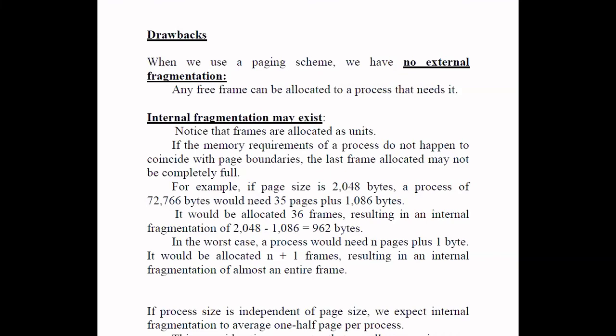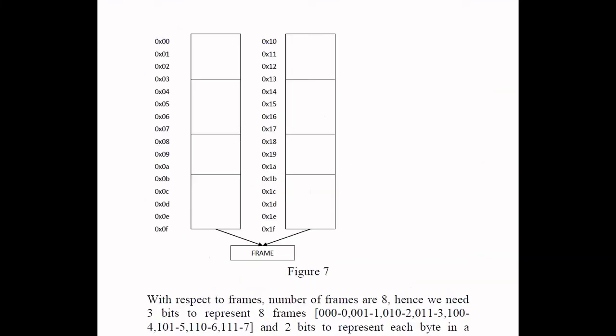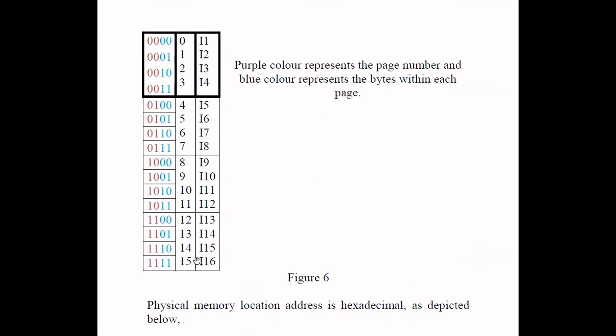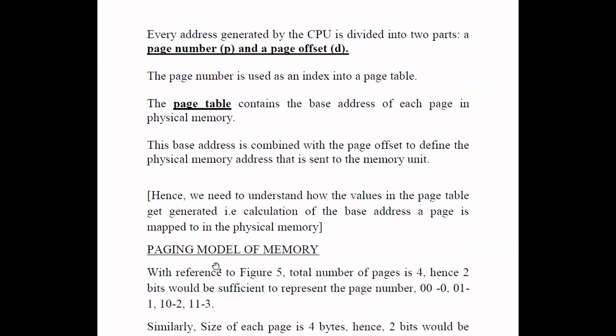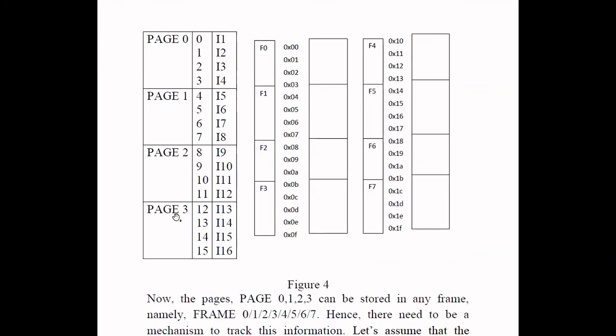But what happens if the set of instructions within a particular page is not complete? For example, consider this particular page, page 3. Suppose page 3 contains only 1 byte of instruction, and doesn't have 4 bytes of instruction per se.